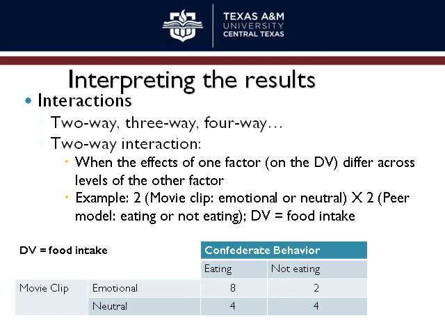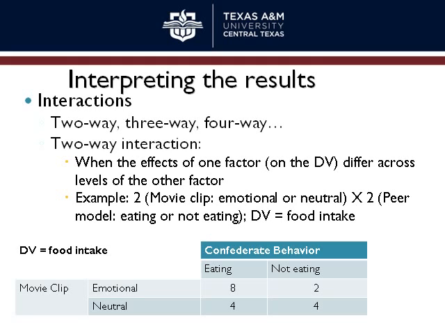That's that top left cell. We go over to the right from there. So still looking at emotional movies, but now when the Confederate didn't eat, kids ate less. They only ate 2. Okay, drop down to neutral. When shown a neutral movie, Confederate ate, kids ate 4. Show a neutral movie, Confederate didn't eat, kids still ate 4.